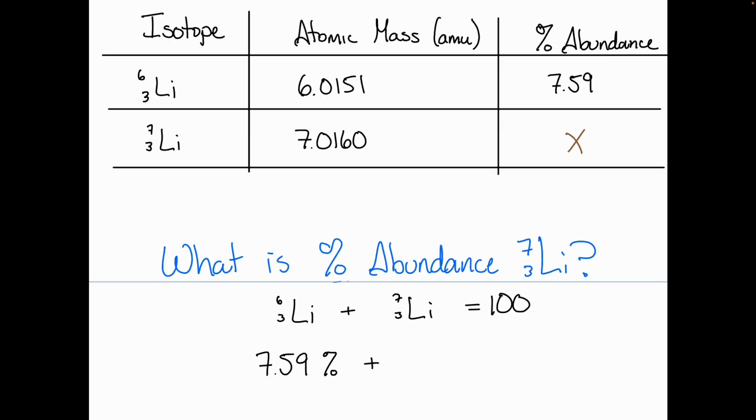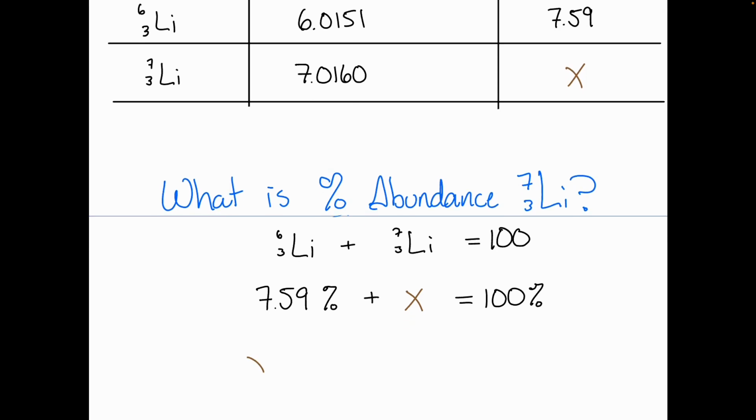So 7.59 plus X must be equal to 100. If I rearrange this, I get X is equal to 100 minus that 7.59, or 92 and some change.